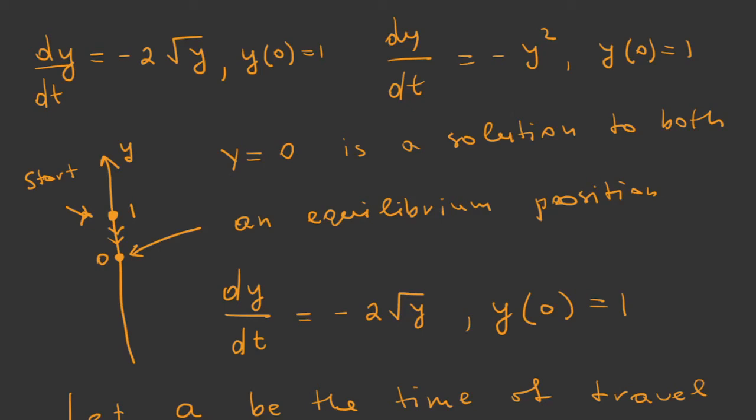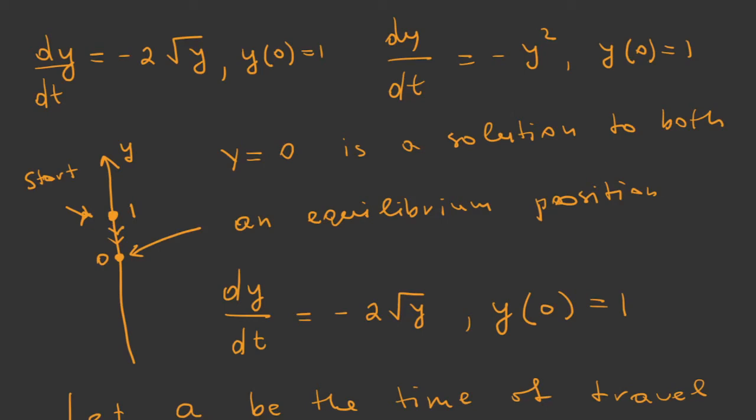That is because the velocity of the object at y equals 0 is 0. We will call such a position an equilibrium position. An equilibrium position is a position where an object or point or a system, more generally, can remain indefinitely.